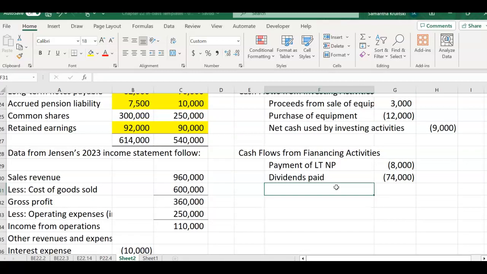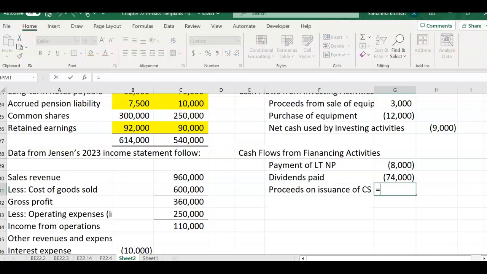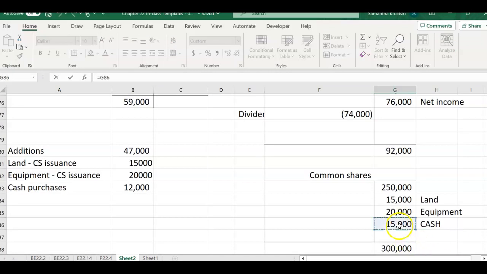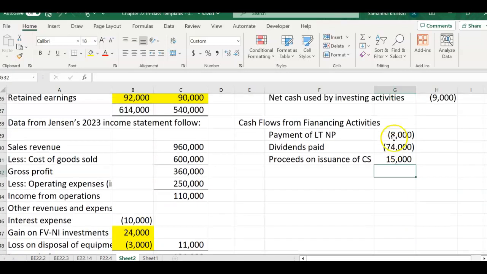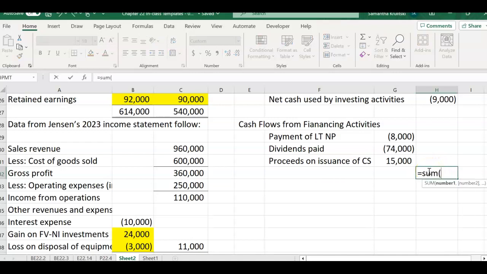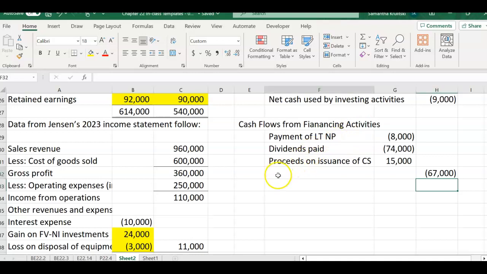So cash is going to increase. Proceeds on issuance of common shares. I'm going to go grab that, 15,000 here. And I have now captured all the items that are going to affect my financing activities.